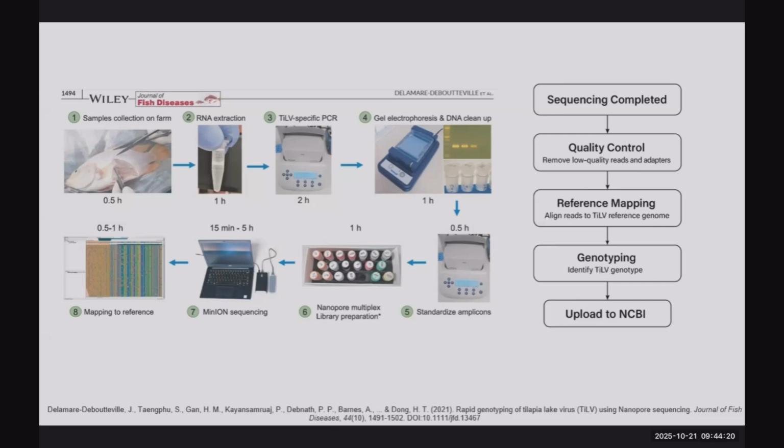First step is sample collection on farm, RNA extraction, Tilapia lake virus PCR, gel electrophoresis and controlling. Standard amplicons, the 5 steps. 6 is nanopore multiplex library preparation and MinION sequence and mapping to reference genome.